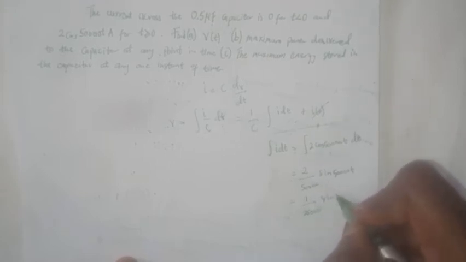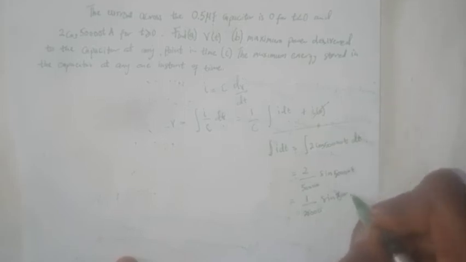So that is the value of the integral of i dt. We can write this as 1 over 25,000 sine 50,000t.